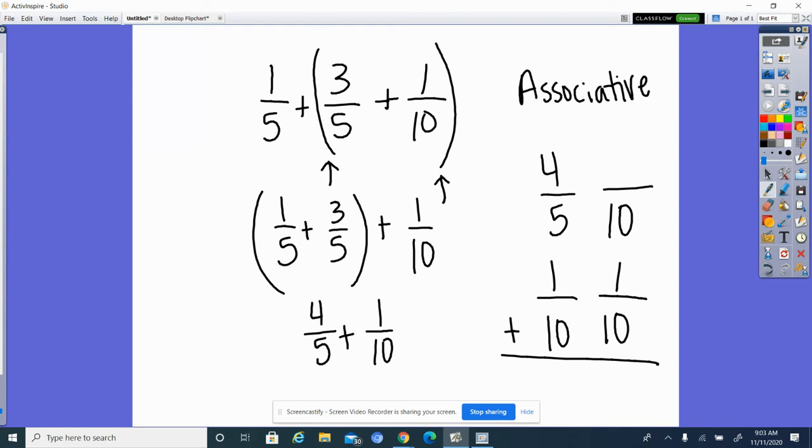Okay, when the denominators are the same, the numerator is the same. How do I go from 5 to 10? Awesome. Okay, 4 times 2 is 8. Now can I add them? Yes. Okay. 8/10 plus 1/10 is? Well, how do I know that's in simplest form? David. The numerator is 1 less than the denominator. Good.